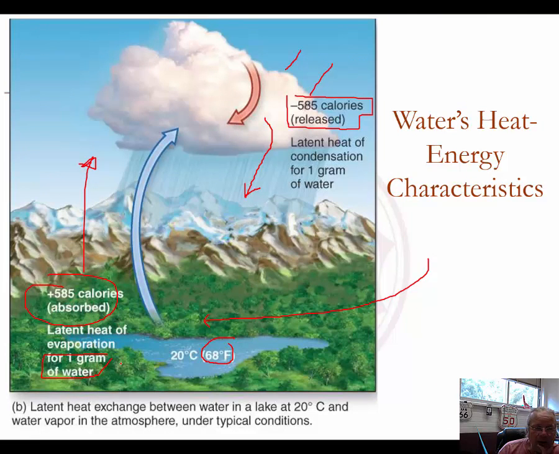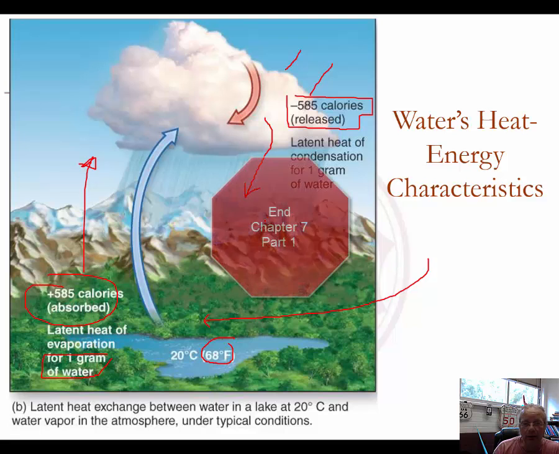So if you think about how many grams of water fall out of a cloud during a rainstorm, then you get an idea of the immense number of calories that are being released as heat into the atmosphere during a rainstorm, or alternatively, how many calories of energy is needed to heat water enough to get it to evaporate.